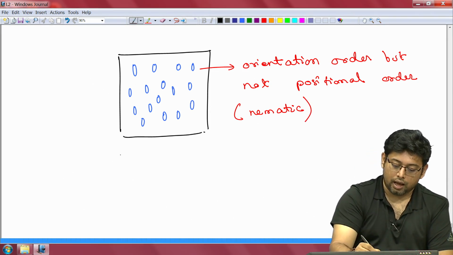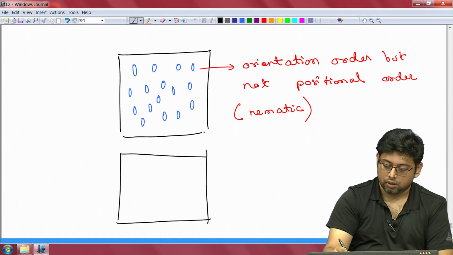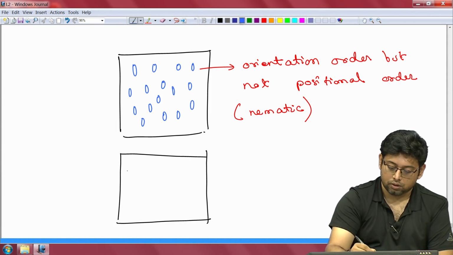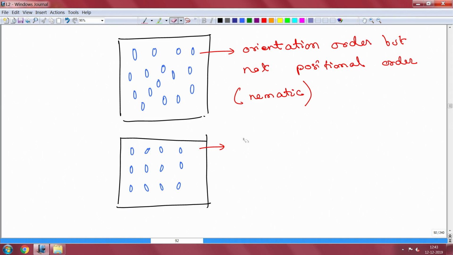And there is another class of materials where you have orientational order. So, that brings us to one more class of liquid crystals where you have orientational order but you have partial positional order also.